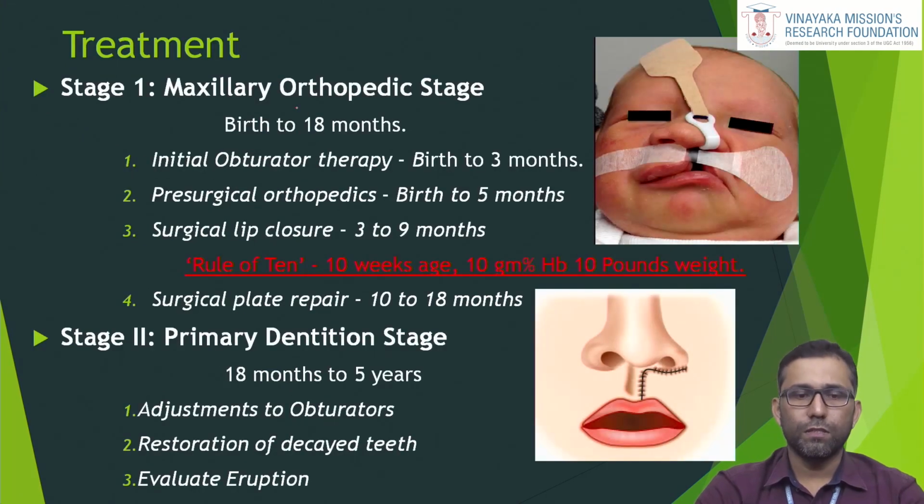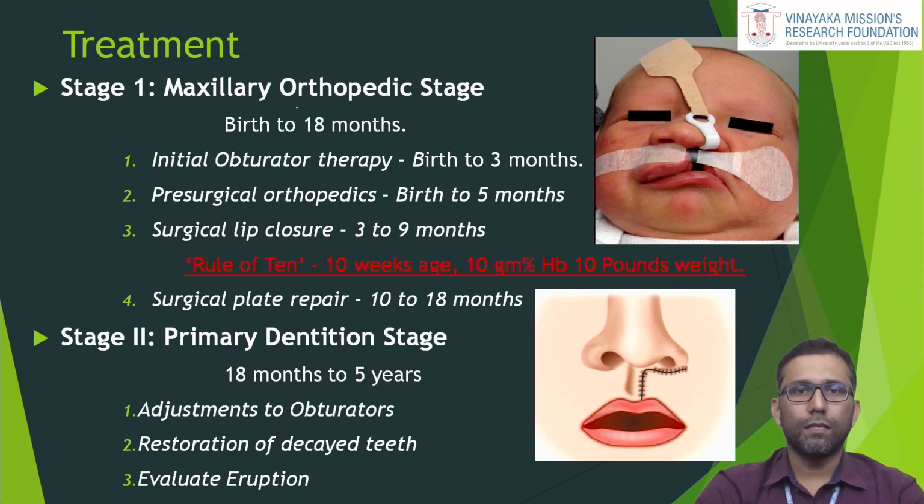When we deal with the treatment, it can be divided into 4 stages. The first stage is the maxillary orthopedic stage, which starts from birth to the 18th month of life, that is 1.5 years. It starts with the initial obturator therapy. As I already said, either a prosthodontist or a pedodontist will fabricate an obturator. For example, the child will not be able to take a feed if you have a palatal cleft.